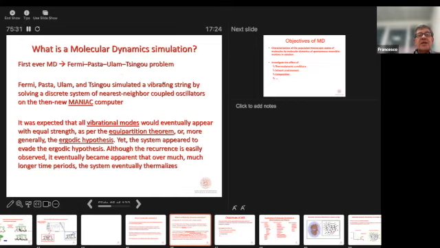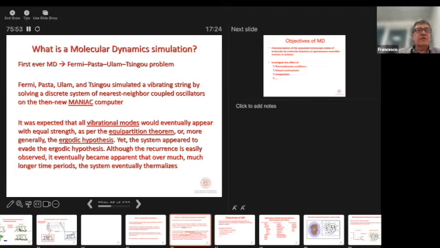What they wanted to do was to set up a string, not really with lots of different points, connected by a classical harmonic oscillator, and then they gave it energy. At the time, no temperature was possible.